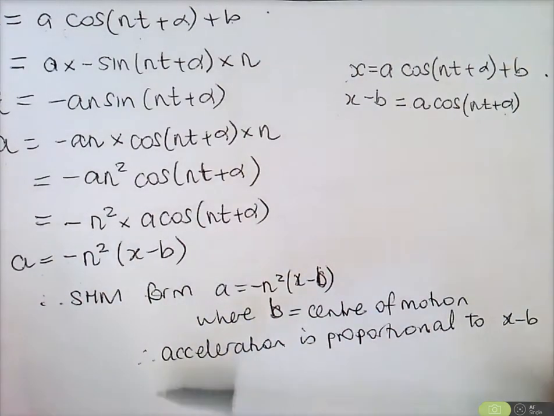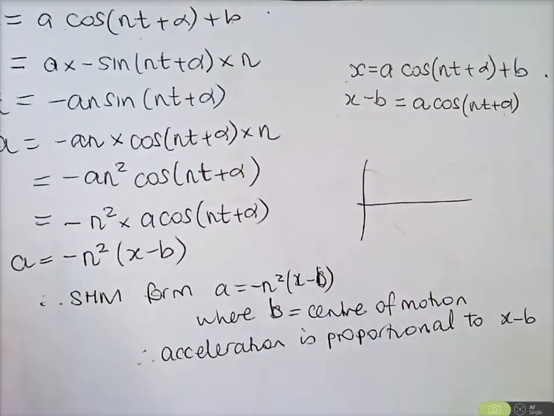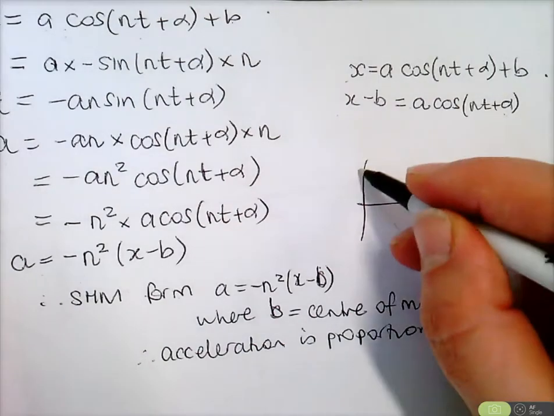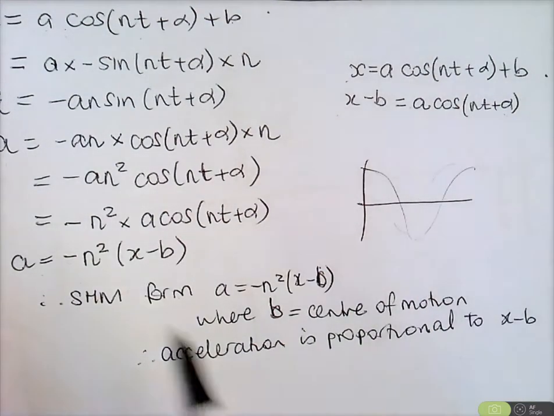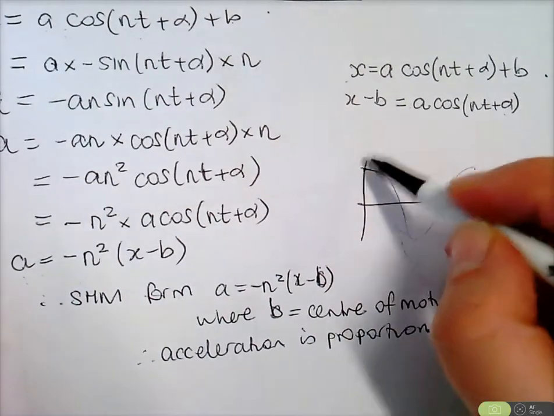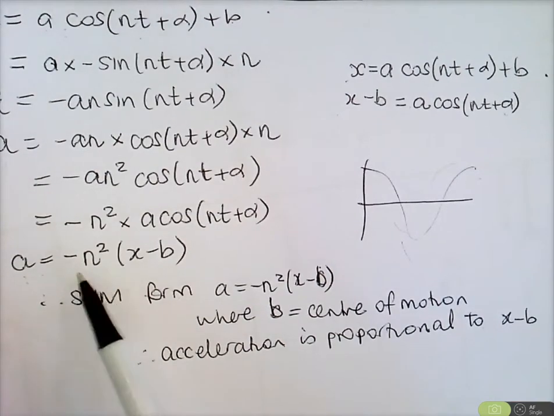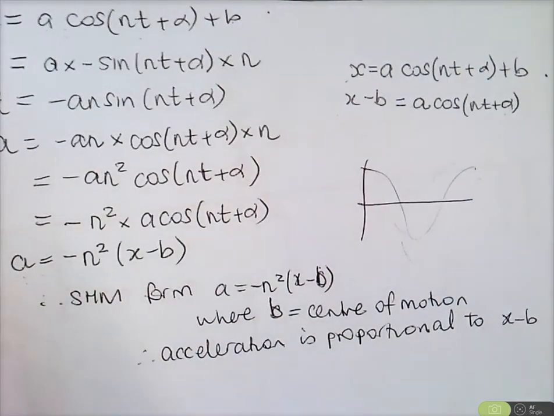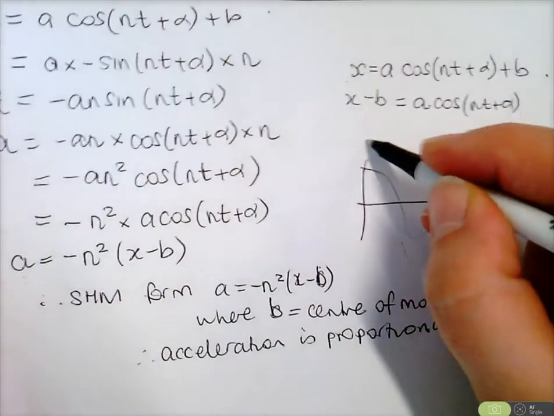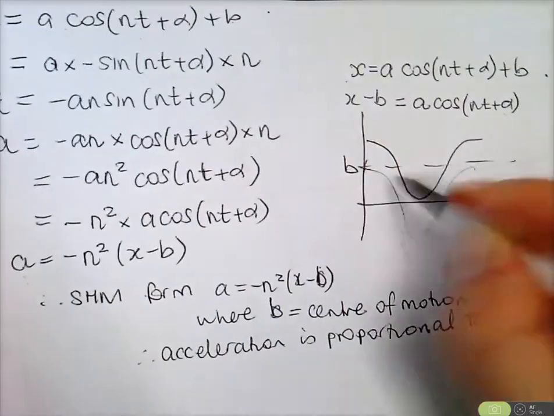But when the centre of motion is not zero, in other words, it's shifted up or down, then the acceleration, so that's the normal curve, but if it's shifted up or down, it'll be acceleration is proportional to negative n squared times x minus b, where b is the centre of that motion. So b might be up here, the centre of motion there.